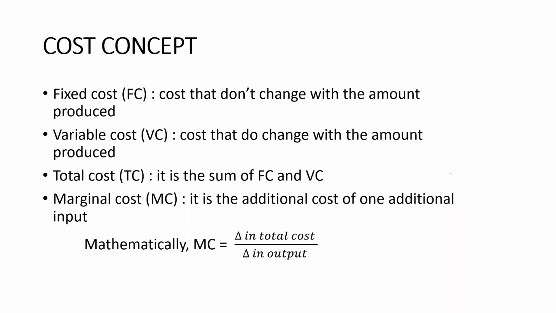So it is important for me to go back and produce more in order for others to get. What I'm adding to the initial 200 is what we call the marginal. Mathematically it is given as MC equals change in total cost over change in output.